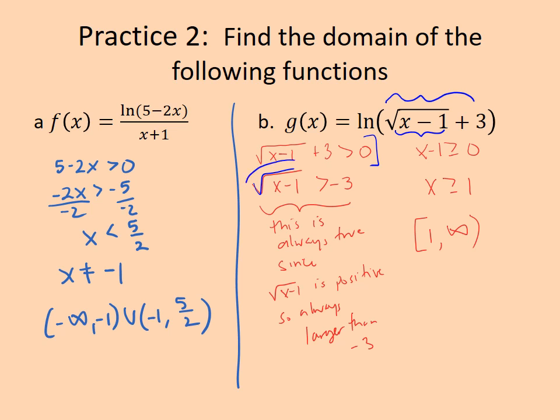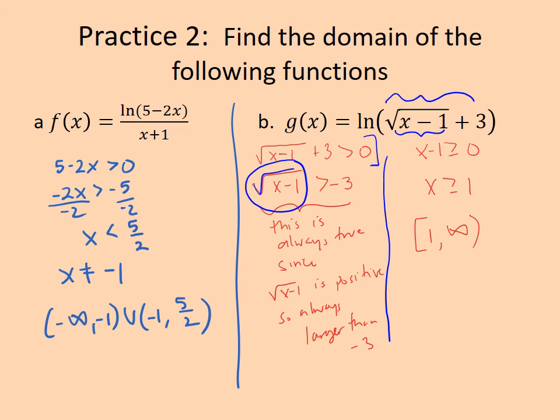Well, since this is always going to be a positive number because the square root of a radical is always positive, this part is always going to be bigger than negative 3. So this inequality has already been dealt with. There are no domain restrictions that come out of this inequality.